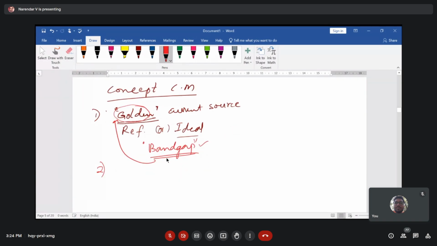And the second step is, if you are able to generate this, then you just copy the golden current or clone it, so that you can generate many current sources.